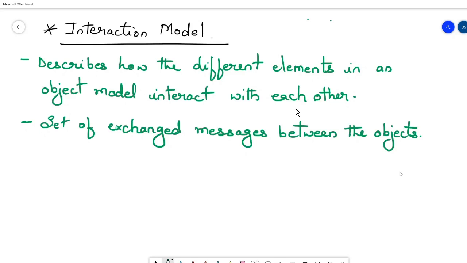So interaction between various objects can be understood in depth with the help of three diagrams, which are called use case diagram, sequence diagram, and activity diagram.